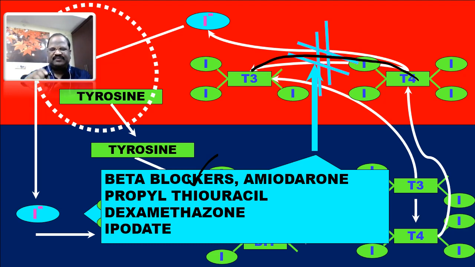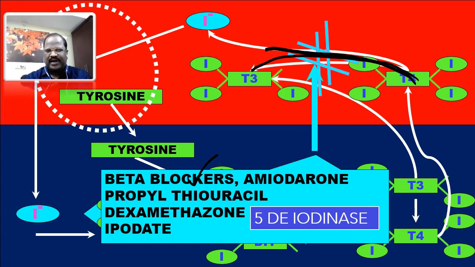All these drugs are able to inhibit peripheral conversion of T4 to T3. Here is one physiology you should know. Peripherally in the circulation, T4 is converted into T3 by removal of one iodine. The removal of iodine is done by an enzyme called 5-deiodinase. That means all these drugs have the ability to inhibit 5-deiodinase, thereby inhibiting peripheral conversion of T4 to T3.